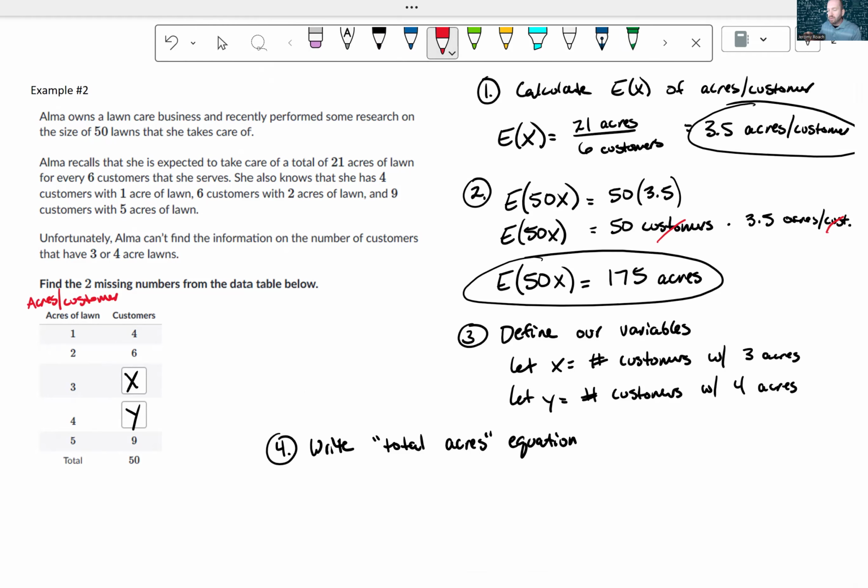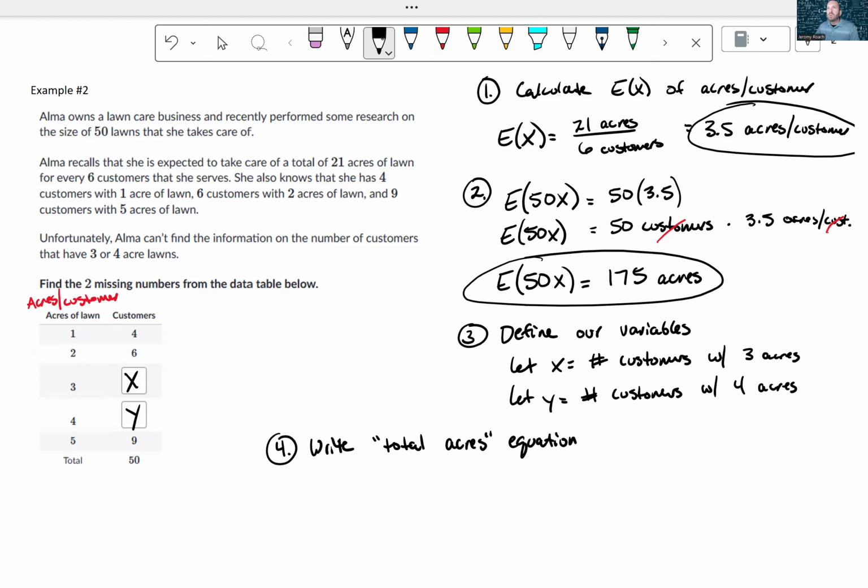Maybe it might have been a little more clear if we wrote it that way. That's just what helped me do this problem: rewriting this as how many acres of lawn for every one customer there are.